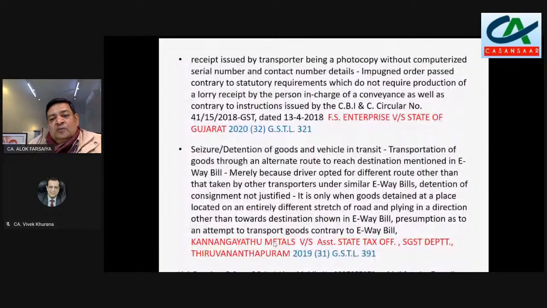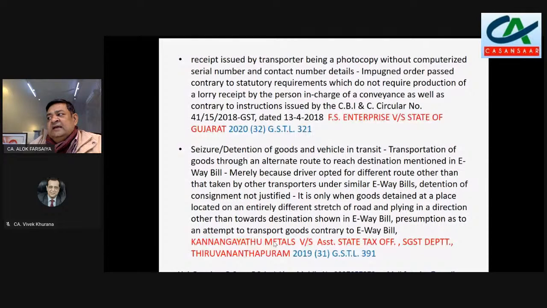When the goods are on the move, the trucks are moving through places where different sorts of facilities are not available. So what happens? Truck drivers get photocopies of the documents, or the documents are sent by post. With the vehicle, only photocopies are given, or some handwriting, cuttings, overwriting, etc. takes place. This is again a common problem in e-way bill matters while goods are being checked on the move.